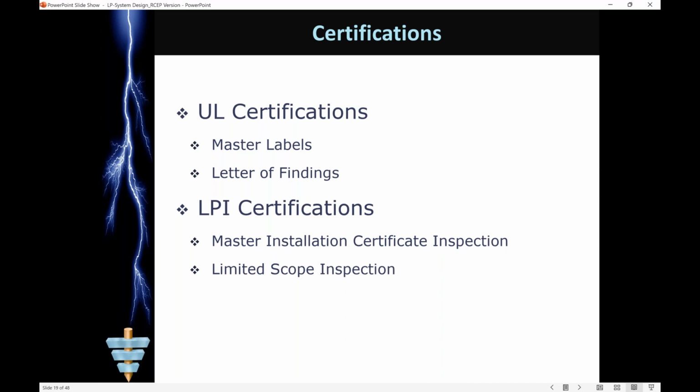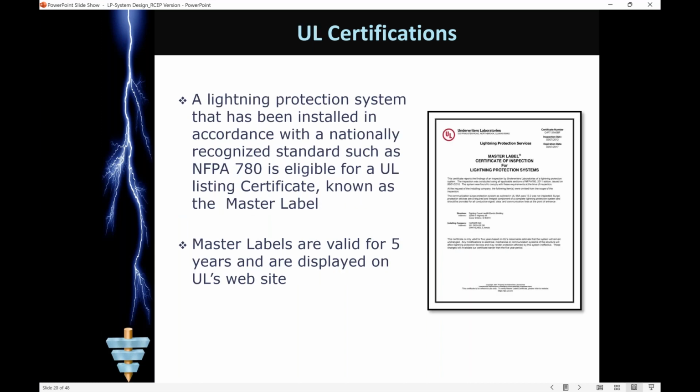The electrical inspector does not have jurisdiction over lightning protection. So UL has an arm that does inspections, and they have what they call master labels and letters of findings. And then there's another group, LPI, which also has what's called a master installation certificate inspection, and then what they call limited scope inspection. We'll go over that a little bit more on upcoming slides.